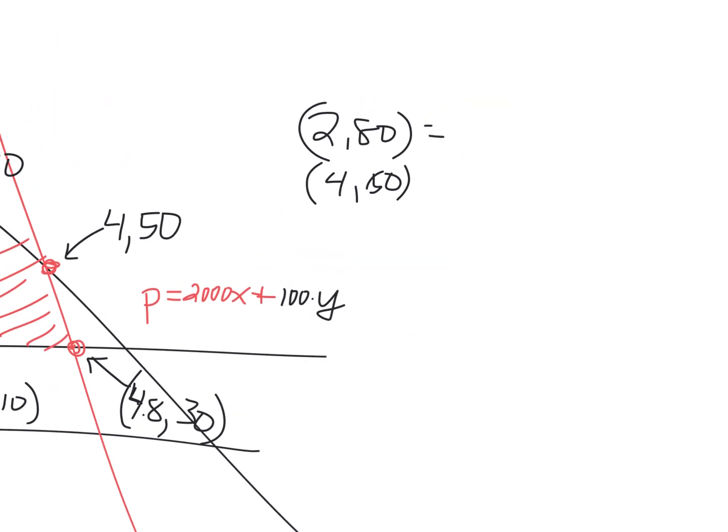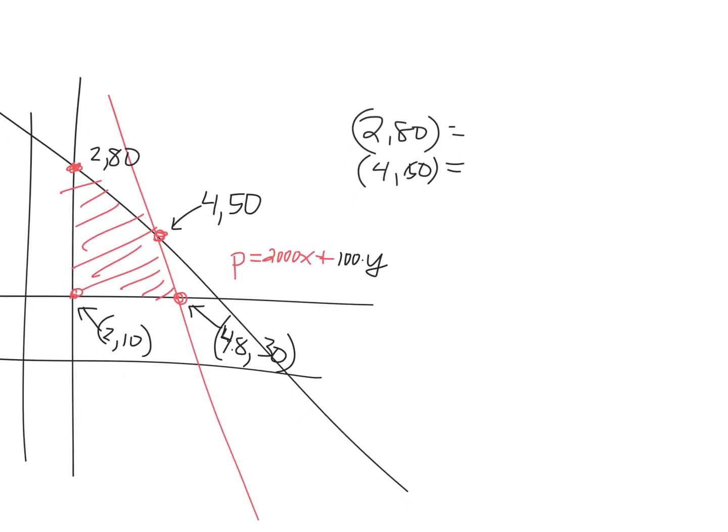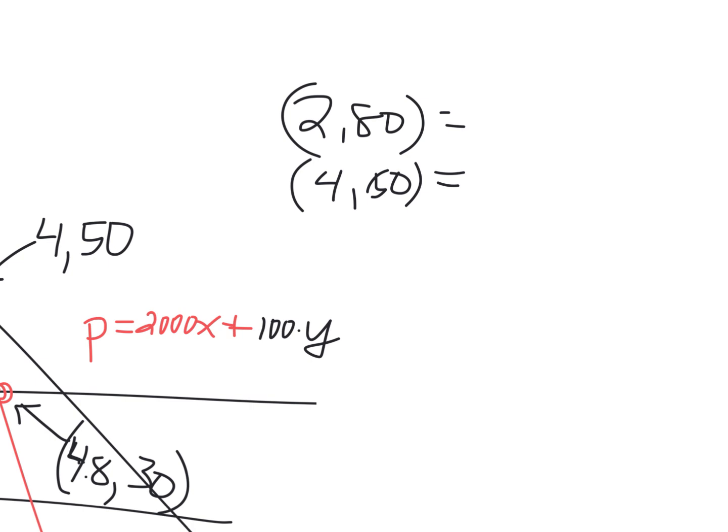You'd do all of them, but everybody figure out how much profit we'd have with 2, 80 or 4, 50. I got 12,000. Anybody else get 12,000?